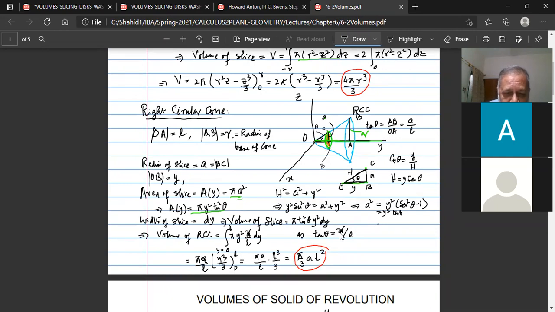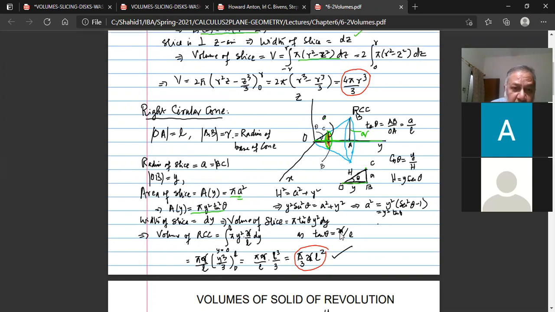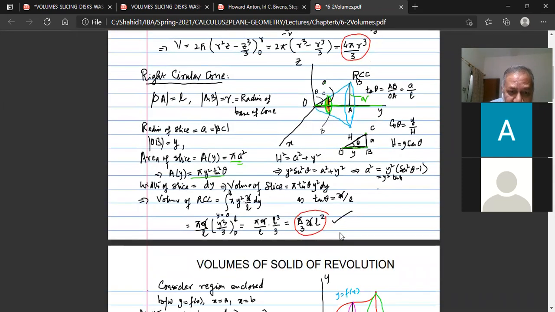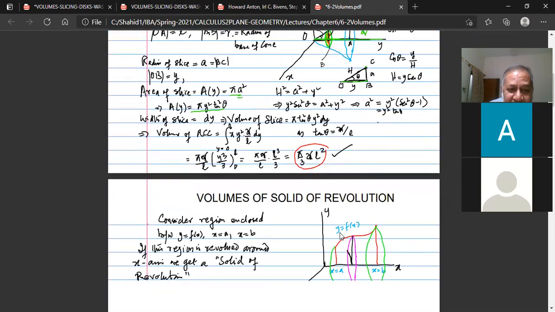So this is r, this is r, this is r. So y square integrated gives y cube by 3, from 0 to l, and l cube by 3. There is an l already there in the denominator, so it leaves pi by 3 r square l, which is the known formula for the right circular cone volume. And we have developed that formula using the slicing technique.